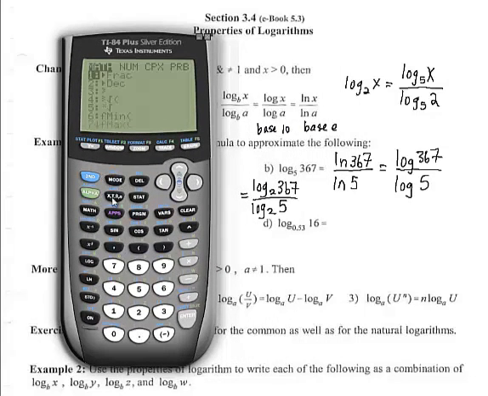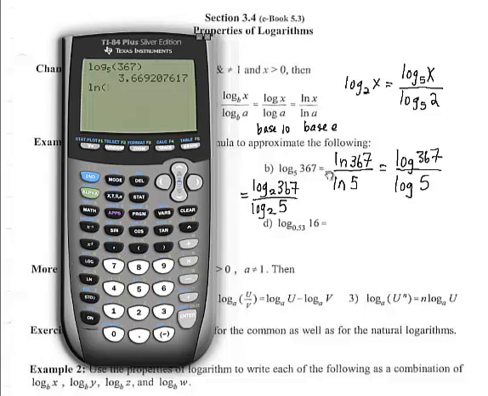So first I'll calculate it using the log base function under the math menu. I can put in the exact base and the argument, and we see that we get 3.66920767. So what do we get for these other three?